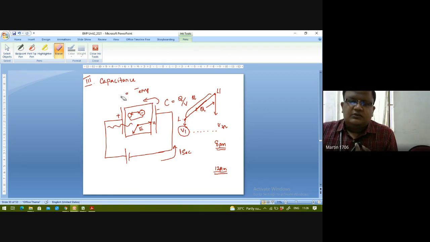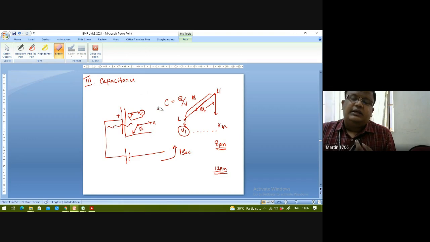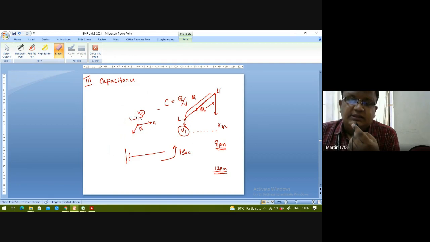So this you will study in alternating electric and magnetic fields with respect to time. That has been clearly explained by using Maxwell's theorem.